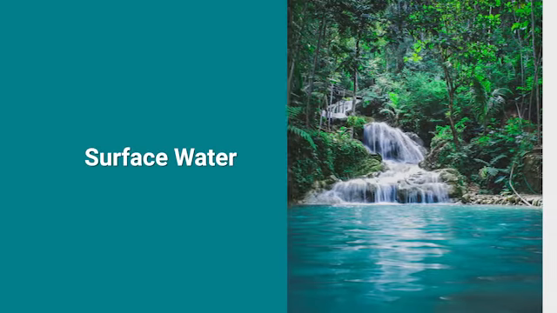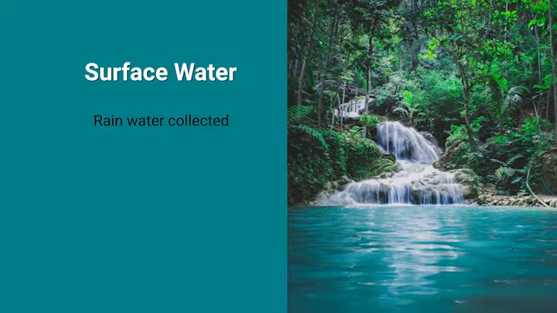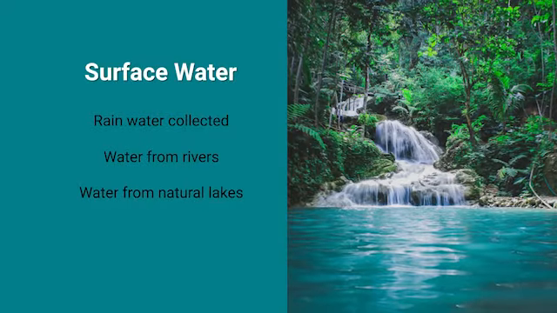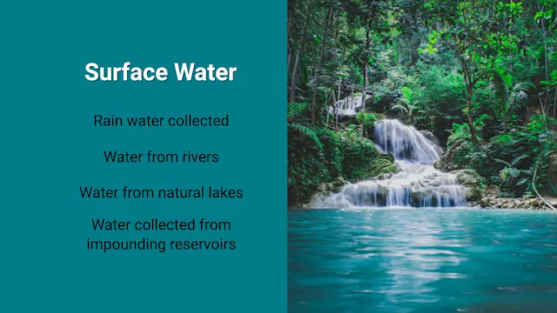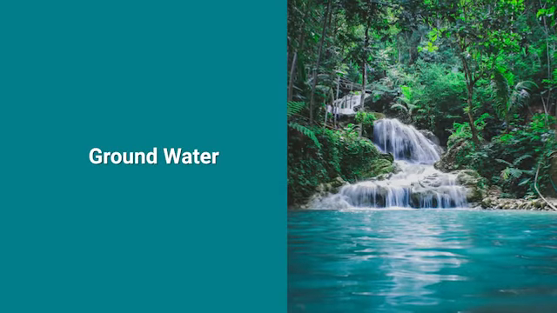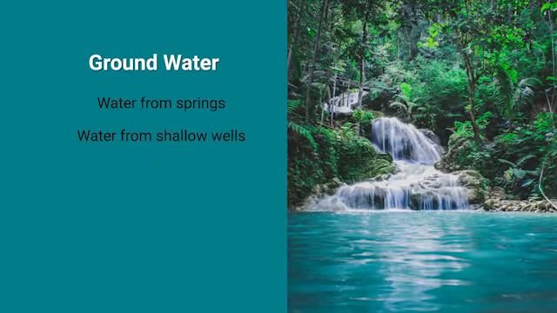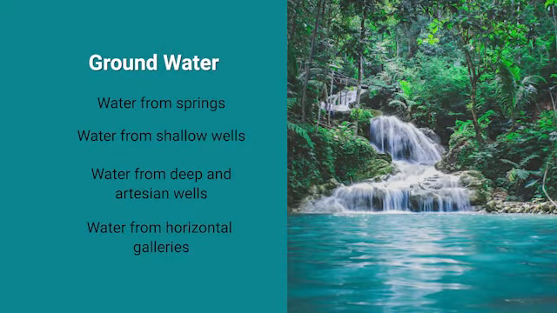Surface water: the rainwater collected, water from the rivers, water from the natural lakes, and water from impounding reservoirs come under the surface water. In groundwater sources, there is water from the springs, water from shallow wells, water from the deep and artesian wells, and water from the horizontal galleries.